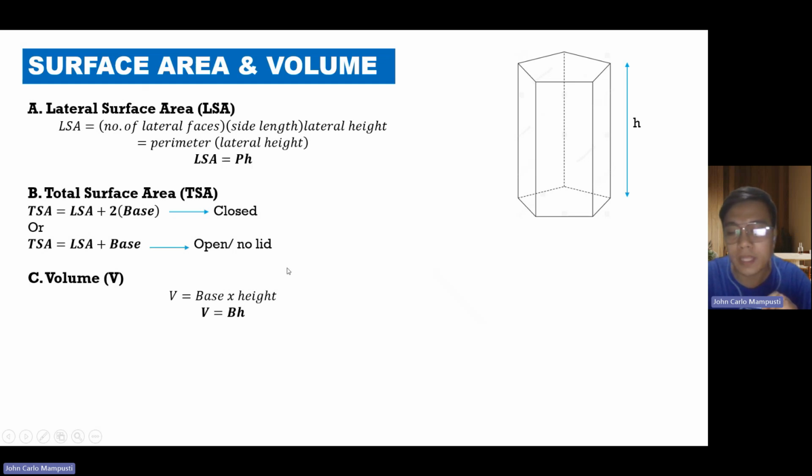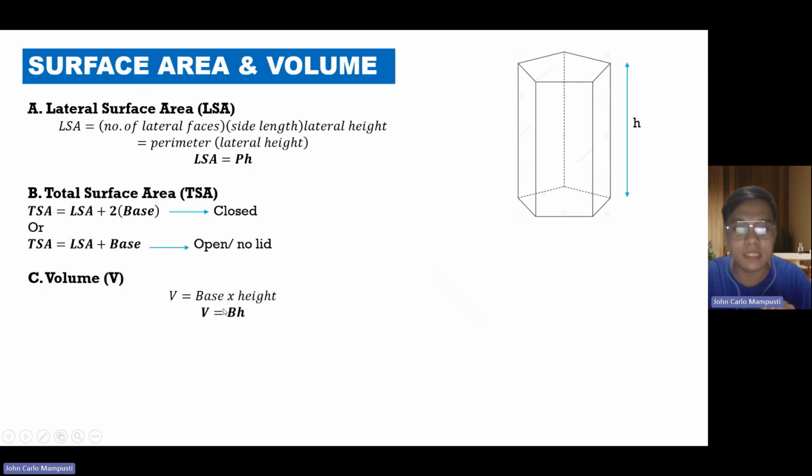Pero kapag open or walang lid na kasama, kasi later on, magkakaroon tayo ng mga problem na kung saan open yung tank or walang lid. Kapag open yung taas, malamang isa lang yung i-add mong base. So, LSA plus base.